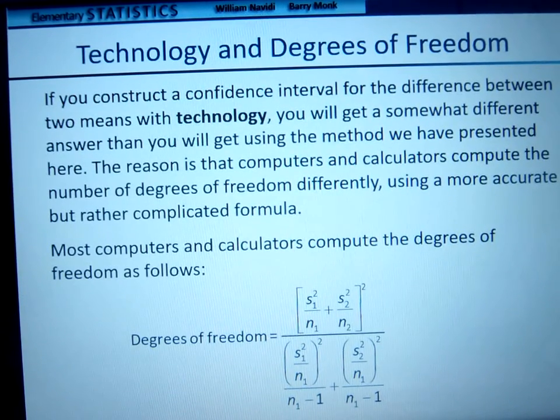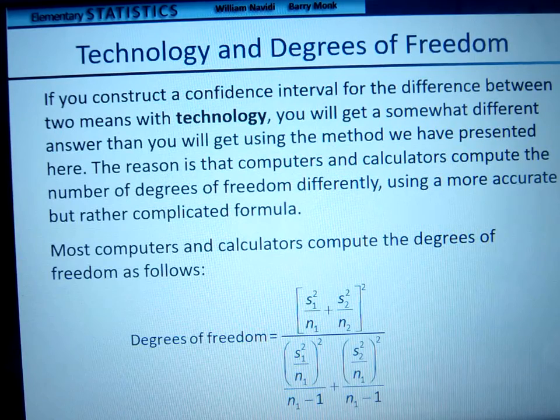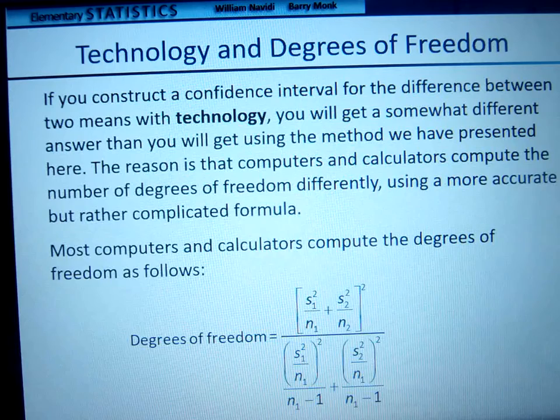Let's go to 10.1 before I go further. Okay, constructing using technology.